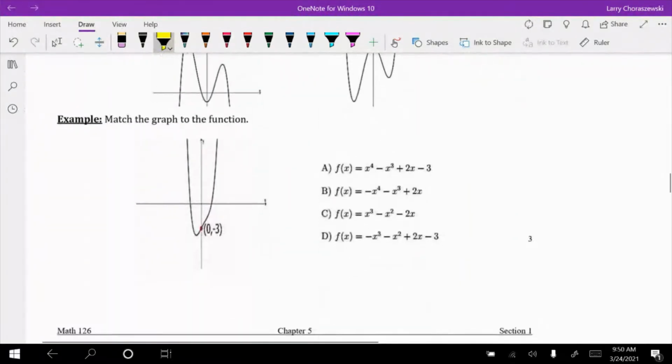I'm going to have you folks try this one, kind of a different spin on it. This time they give us the graph and want us to select a function that would correspond to it. And my clue to you would be to look at the ends of this graph and see which option here would have a leading term that would give this end behavior.